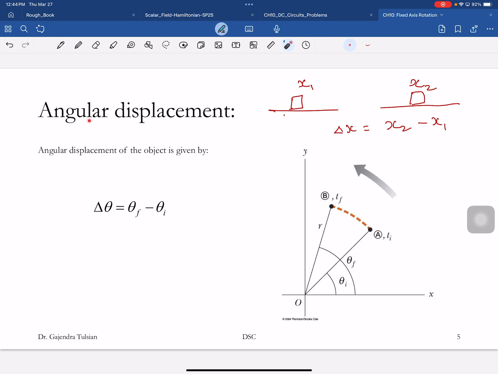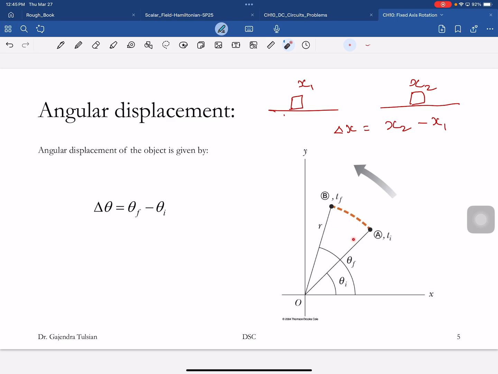Similarly, angular displacement is given by delta theta instead of delta x. Delta theta is the final angular position minus the initial angular position. So if this object is rotating, there is its initial angular position and there is the final angular position.